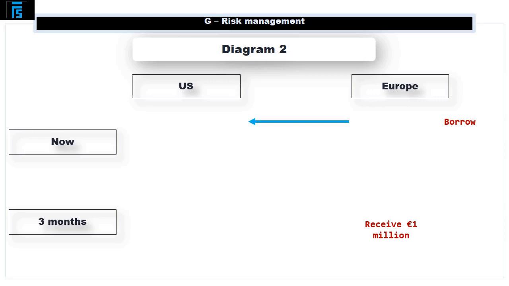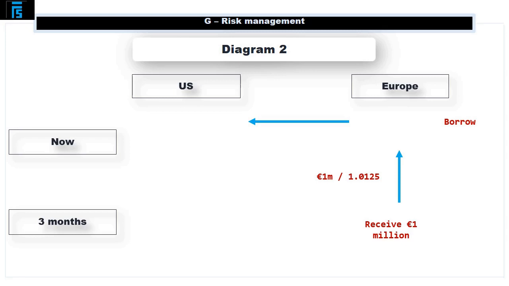Unfortunately, the amount we borrow will have to be less than 1 million euros because the amount we borrow will accrue interest charges over the 3-month period. The European borrowing rate is 5% per year, or 5% divided by 4 equals 1.25% for the 3 months. So we'll discount the 1 million euros by 1.25%.